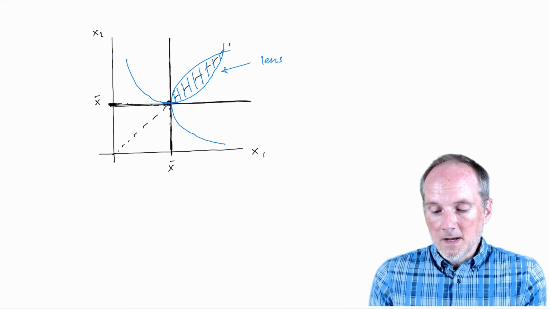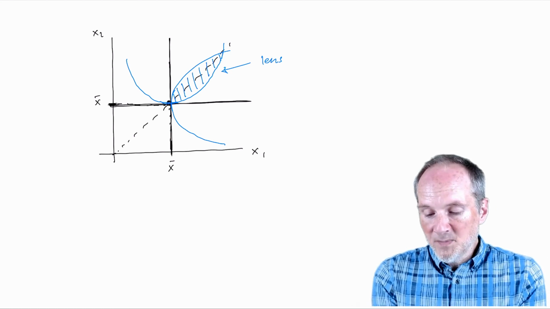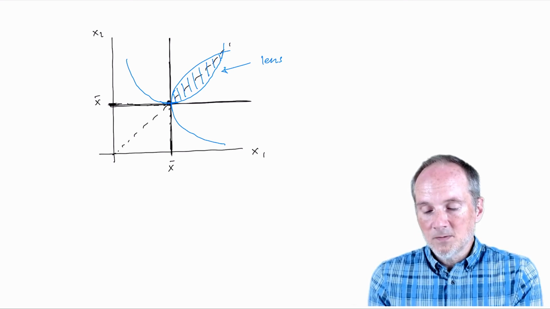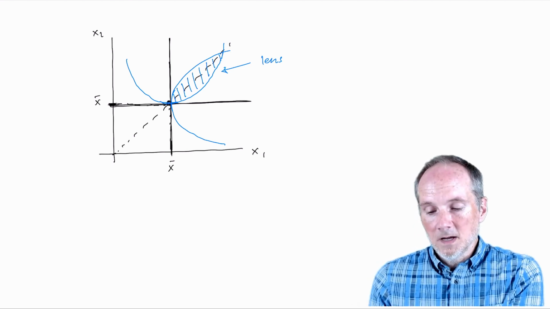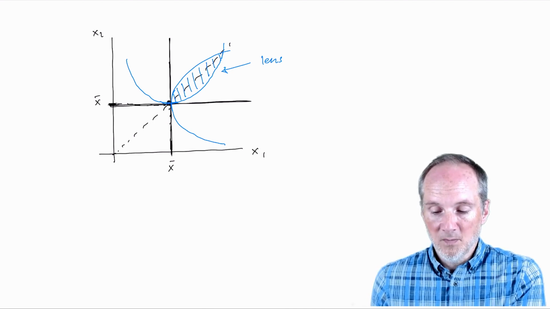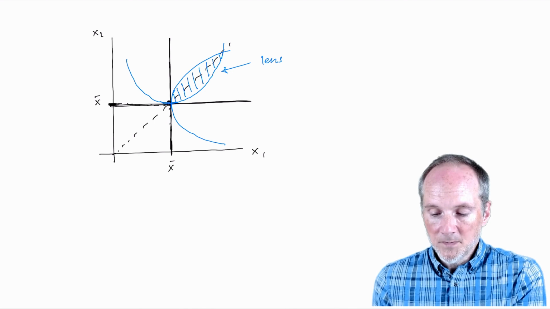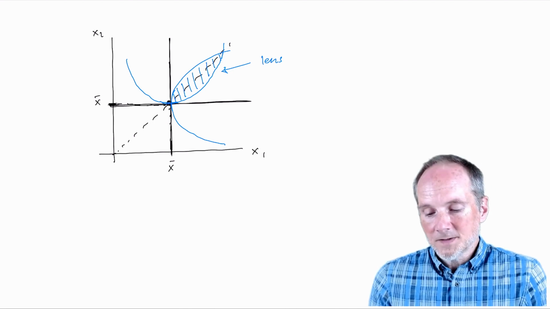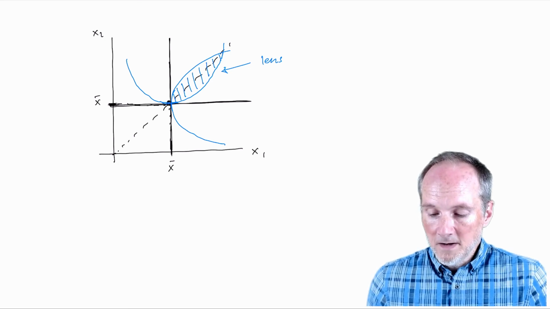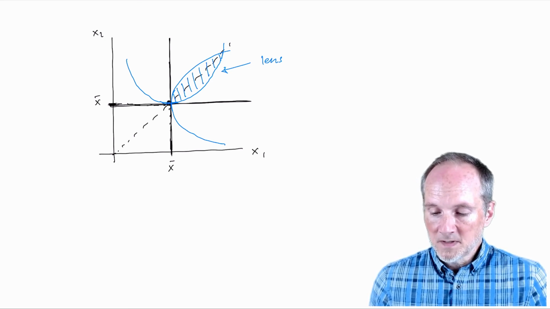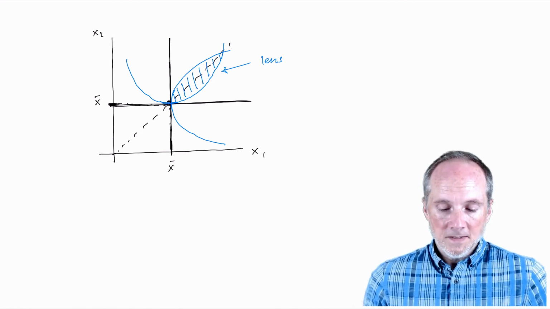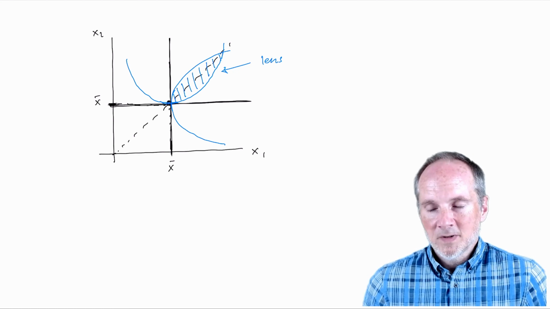If a pair of positions generate a lens like this, that means we can move into that lens and choose positions that increase the utility of both decision makers. And that's the geometry behind the Pareto inefficiency of equilibrium outcomes in the public good provision model.